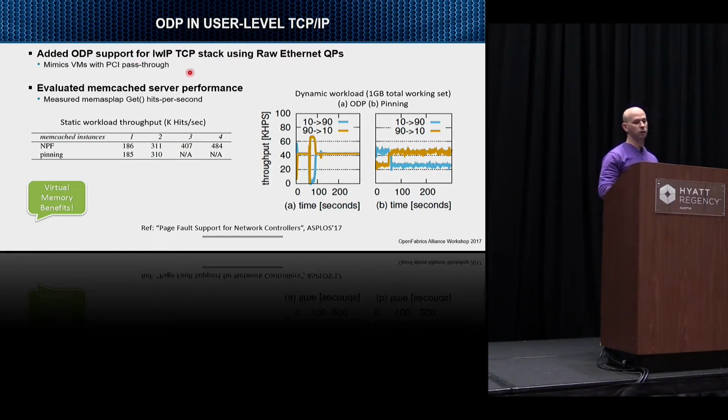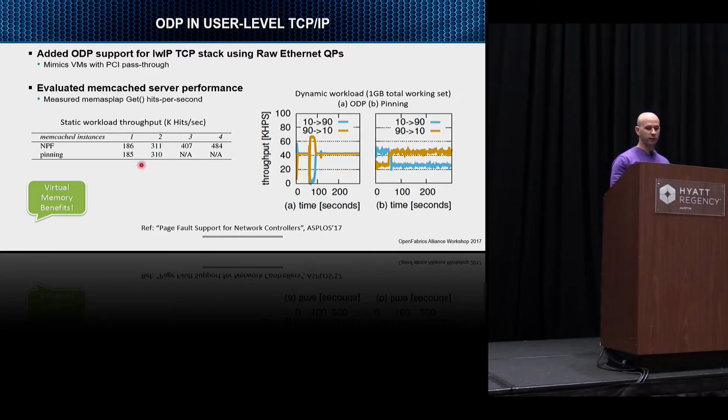But this could also apply to container setups when you want to limit the memory of a process as well. And what we did was to evaluate the throughput of memcached servers and test the transaction rate in a metric of hits per second.